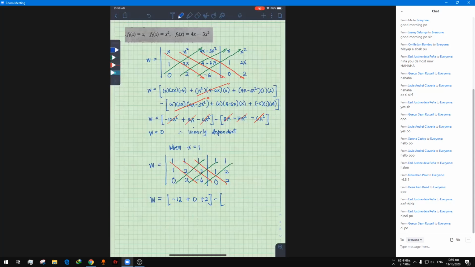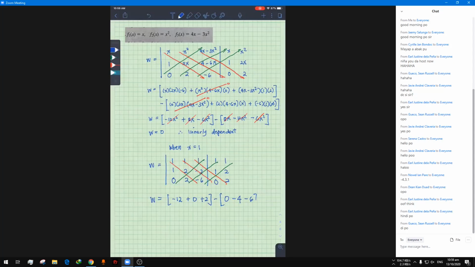We'll have 0, 0, and then negative 4, and then I'll have negative 6.